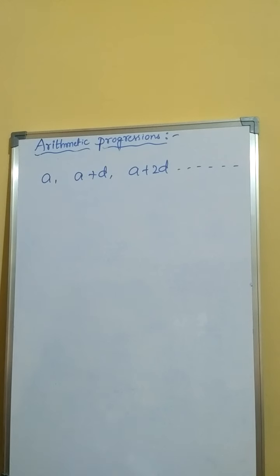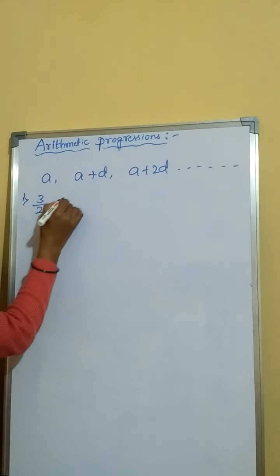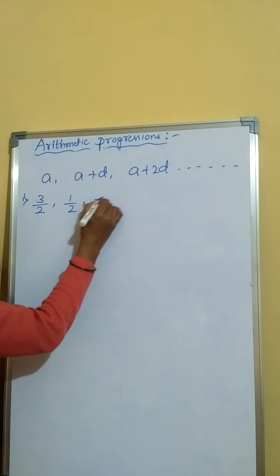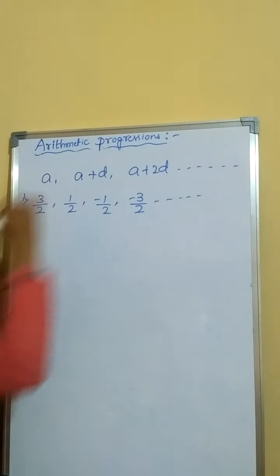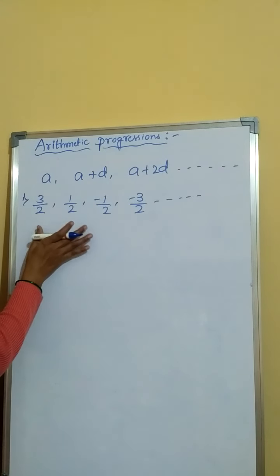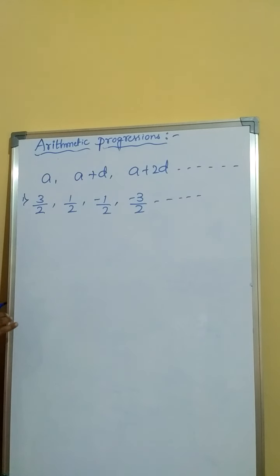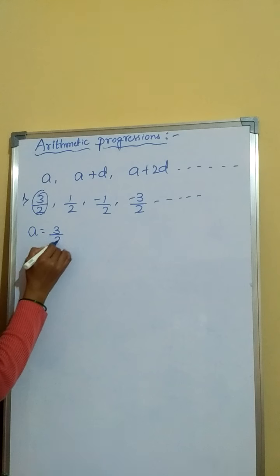Today, I am taking an example from the textbook, that is for the AP 3 by 2, 1 by 2, minus 1 by 2, minus 3 by 2. Write the first term A and the common difference D, we are asked. So now, according to the definition of the arithmetic progression, always we need to take A as the first term.